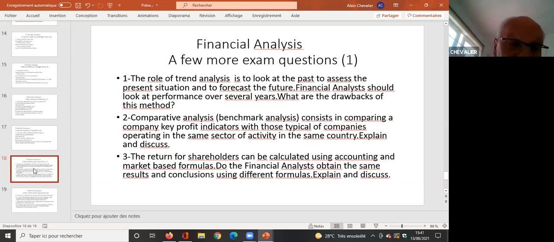The first one, of course, is to compare one year to the preceding year, but it doesn't say if it is a good performance or a bad performance in absolute value. It shows you, in relative value, a good or bad performance, which is not so bad, but it's not enough. So it's very, very difficult to explain.